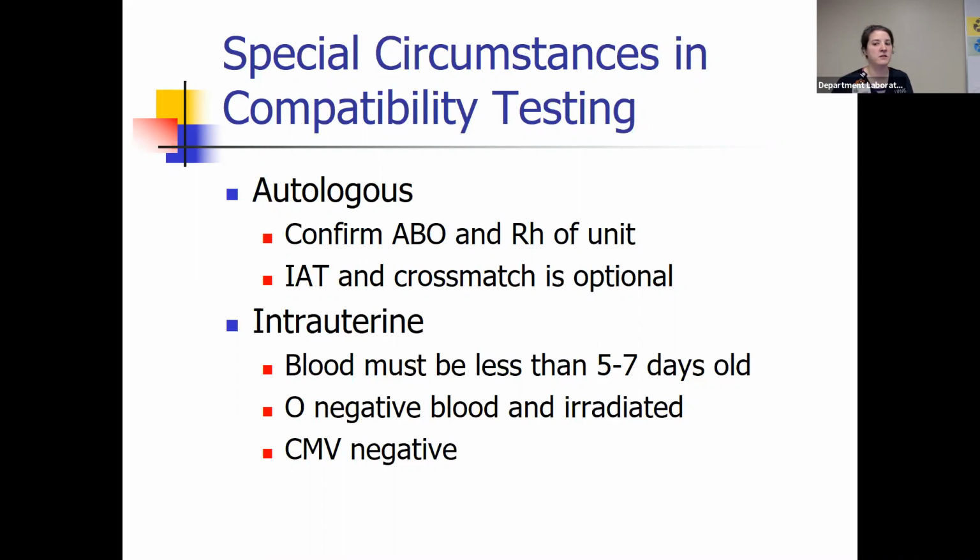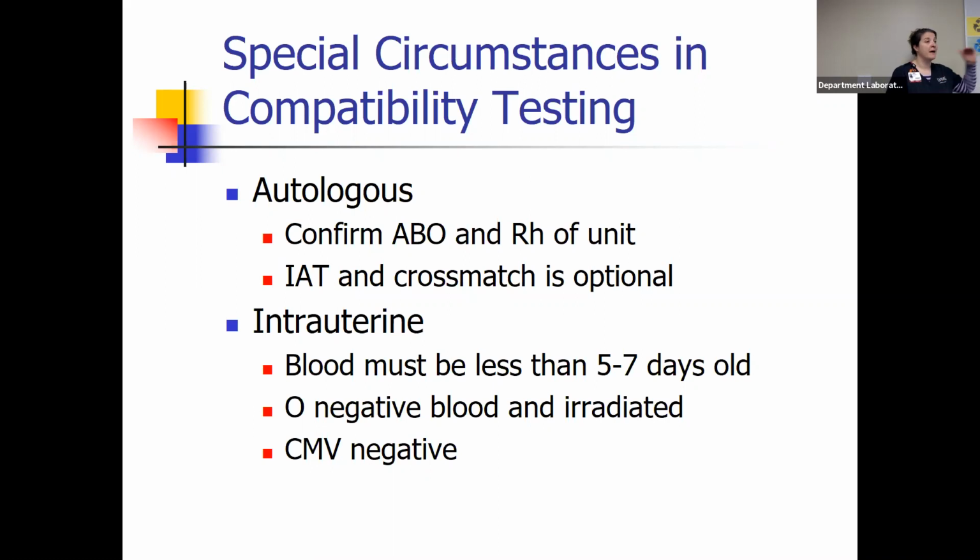Special circumstances in compatibility testing. So these are special donations. One is autologous. All right, so think about what autologous donation means. That means that I have pre-donated a unit of blood that is, I am the only designated recipient. It's my blood. Maybe I'm scheduled for surgery 3 weeks out, and then I don't want to be exposed to a random donor.